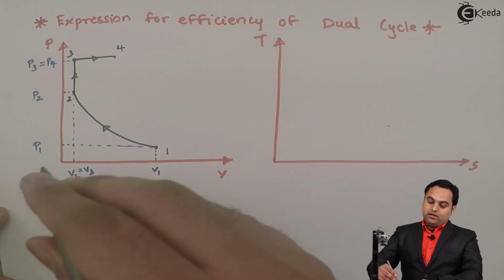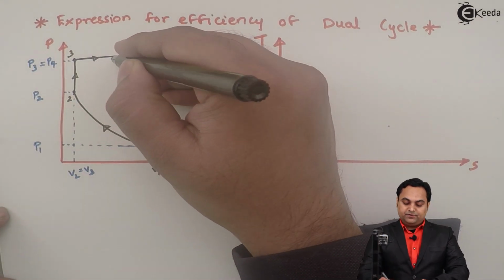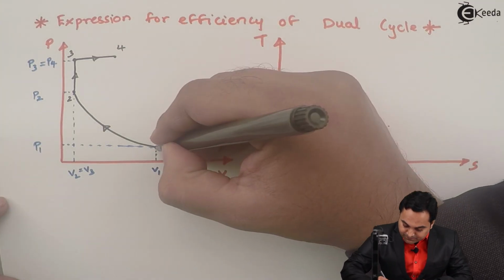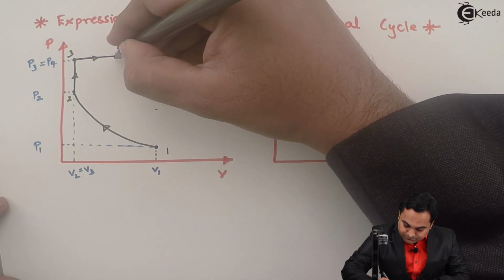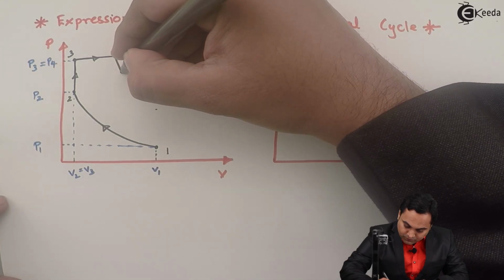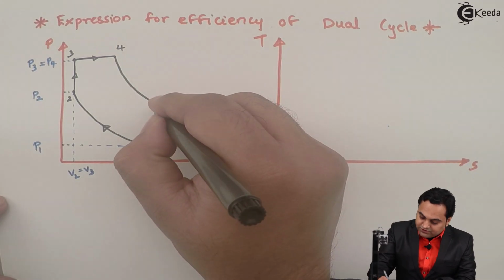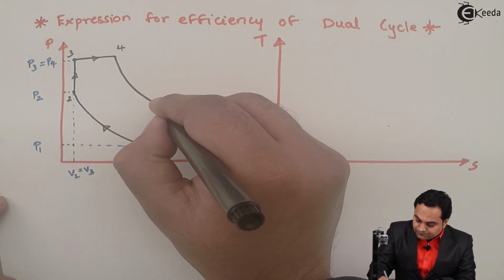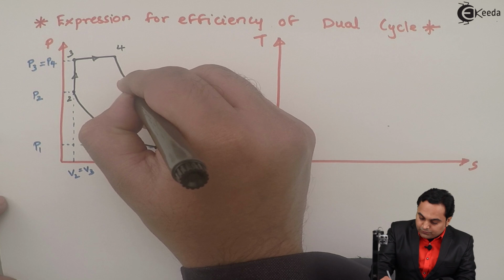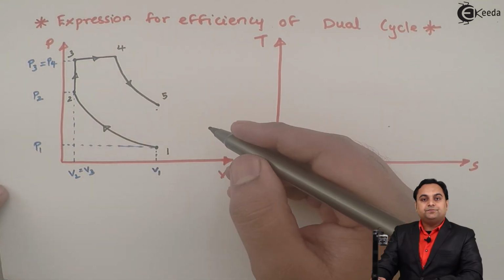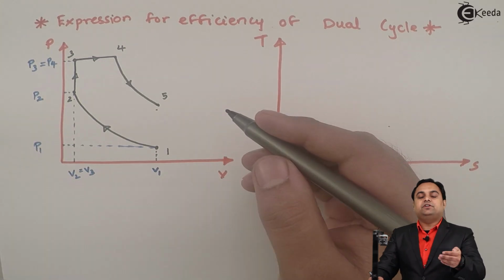Then after constant volume and constant pressure heat addition, there is isentropic or reversible adiabatic expansion, as same as compression, there will be expansion. So process 4 to 5 indicates the isentropic expansion process, and it starts after the fuel addition.